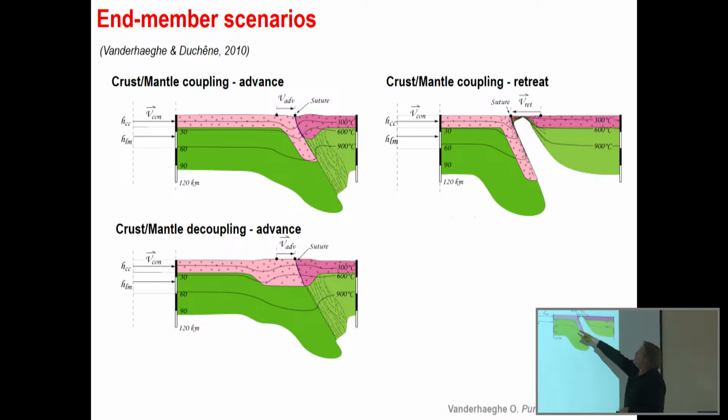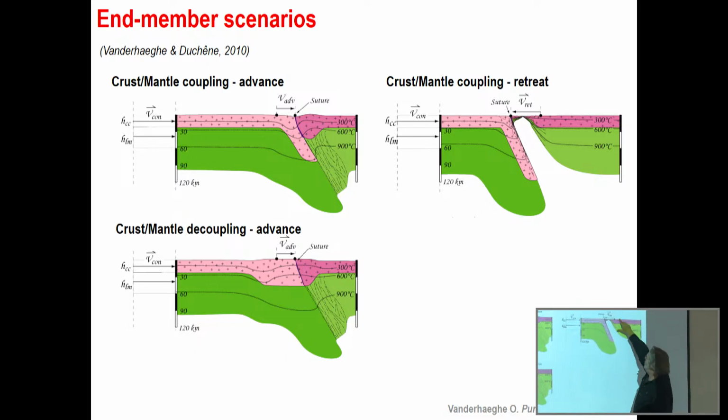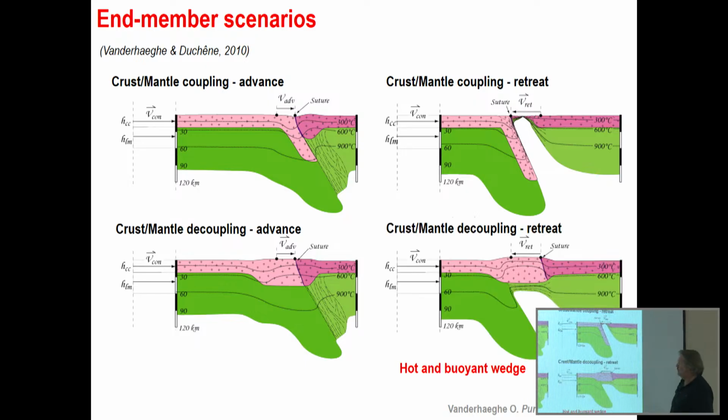If you have crust-mantle coupling and retreat, then the upper plate is thinned, and this leads to subduction of the continental crust. And the most interesting scenario, I think, is this one, where you have crust-mantle decoupling and retreat. So this pink crust is coming from this downgoing plate. The orogeny is built by tectonic accretion of units that come from the downgoing plate.